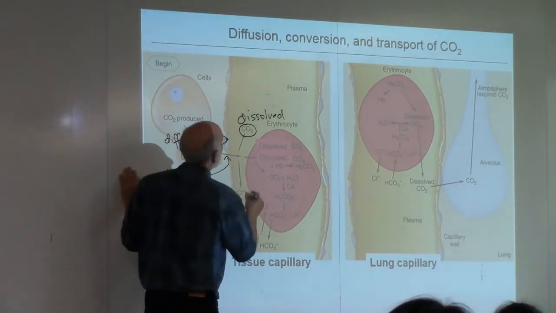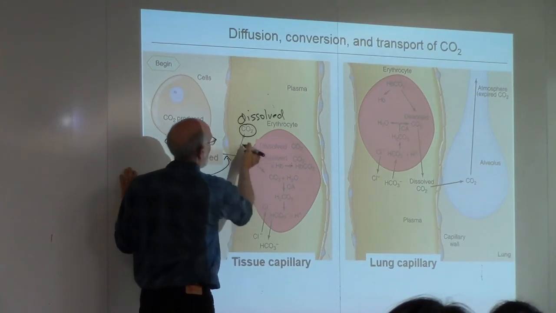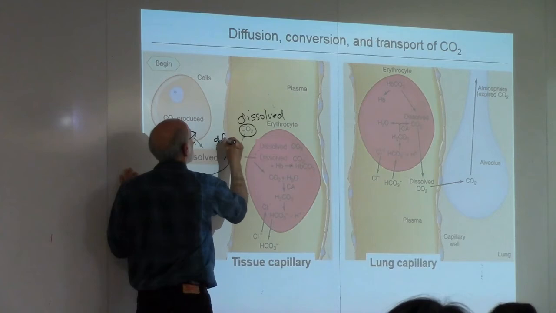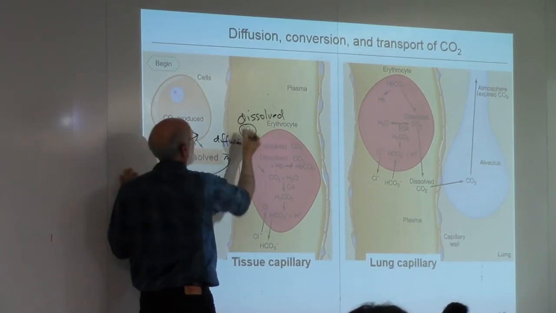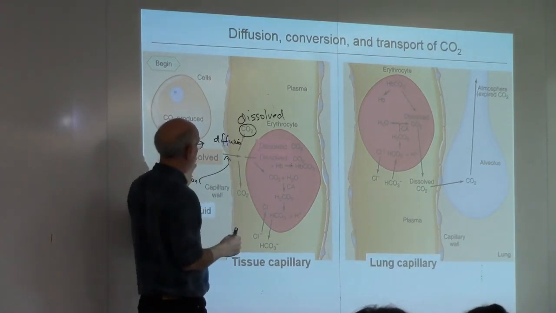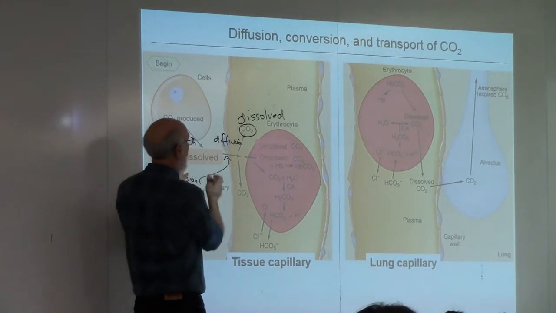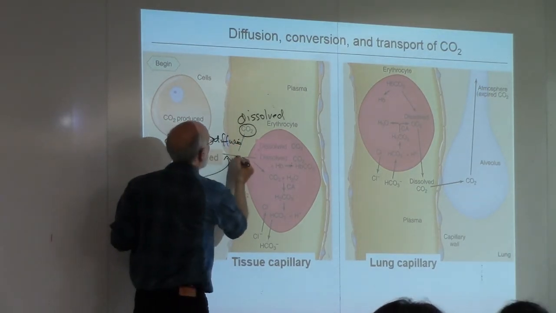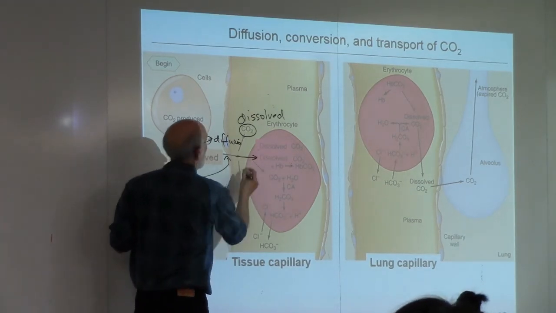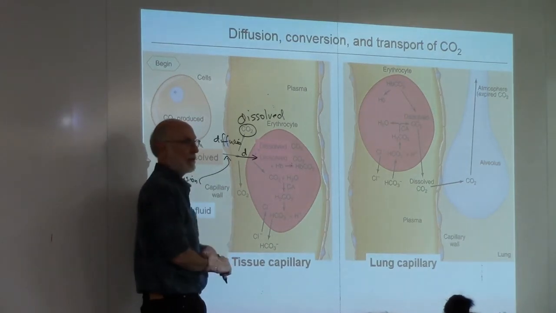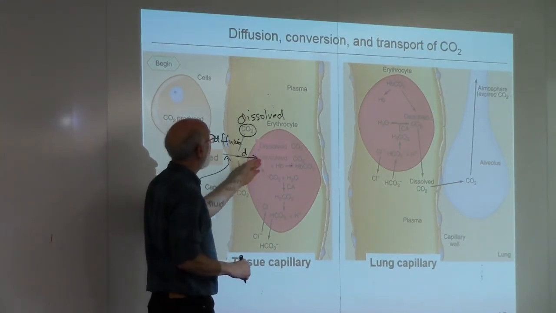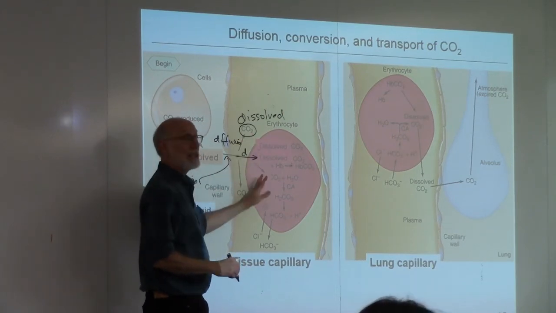Okay, so this arrow is just diffusion as well, because it's dissolving from the cells into the blood plasma. This arrow here, so let's just finish this arrow here. What's that arrow? Well, that's also diffusion. So I'm just going to put D here for diffusion. Some of that CO2, so now we're inside the erythrocyte.